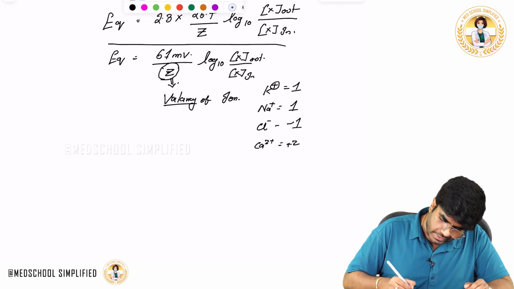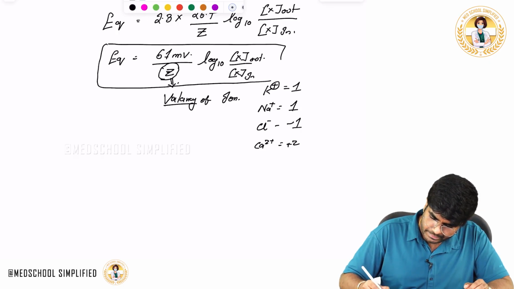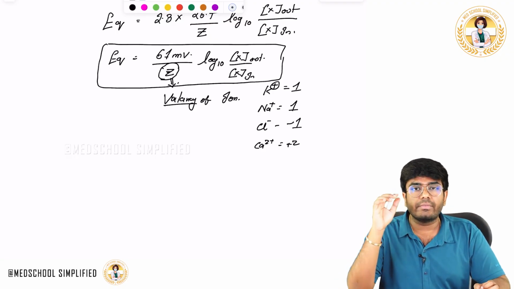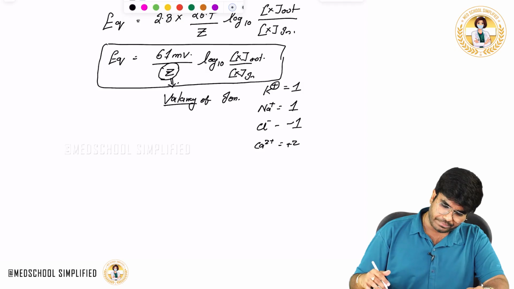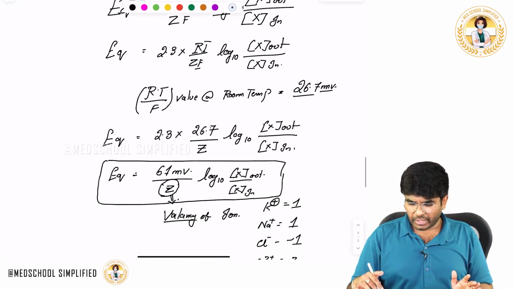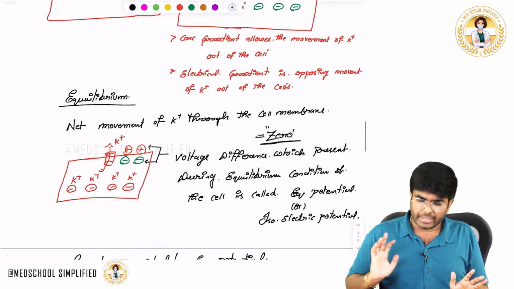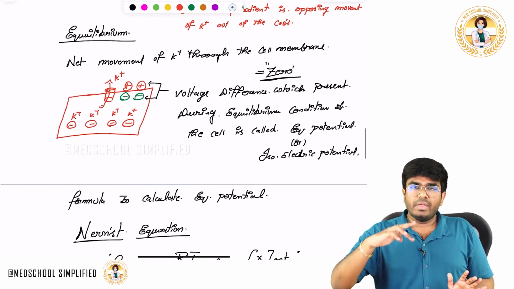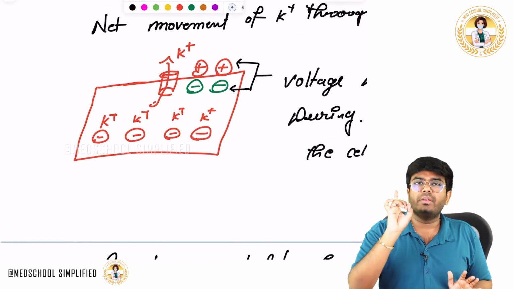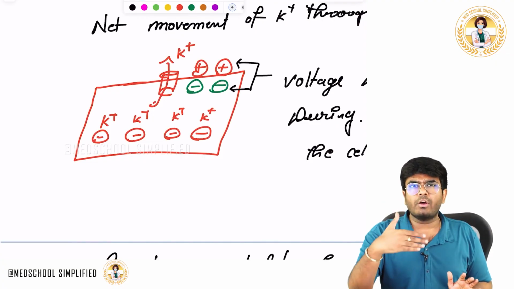So 61 millivolts divided by Z, the valency, times log base 10 of the concentration of ion outside the cell divided by the concentration of ion inside the cell. For example, this is all mathematics, you might find it a little difficult, but at the end of the day, as I have explained, there will be an equilibrium, and during that equilibrium the potassium is going out.